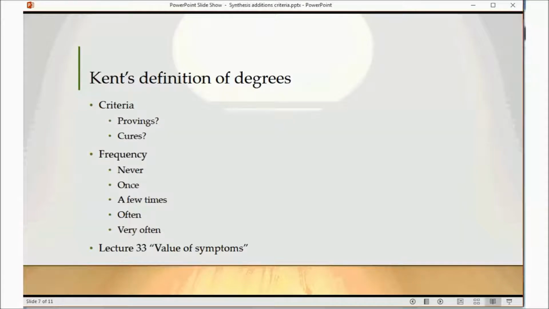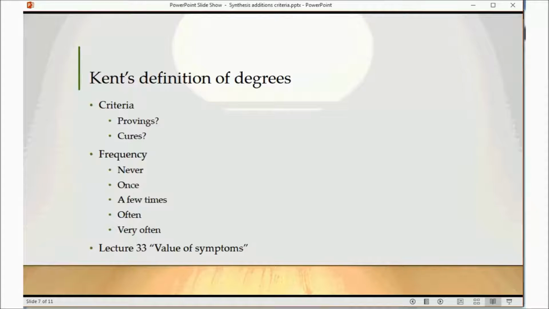And if we meticulously evaluate all the phrases where Kent defines the degrees of the repertories, we see that the frequency levels that he says can be divided into 5. The symptom appears never, once, a few times, often, or even very often in a proving or in clinical case records.